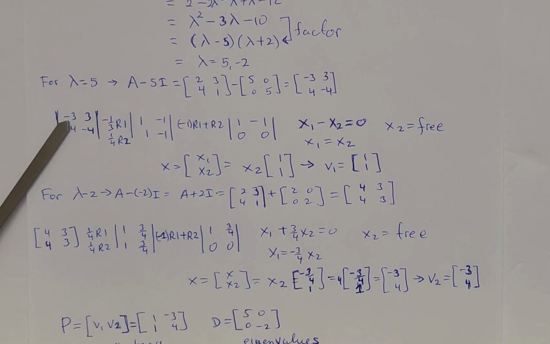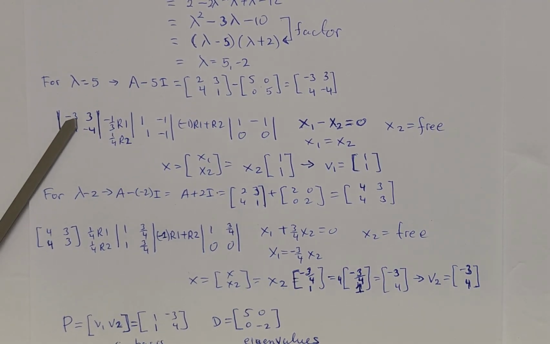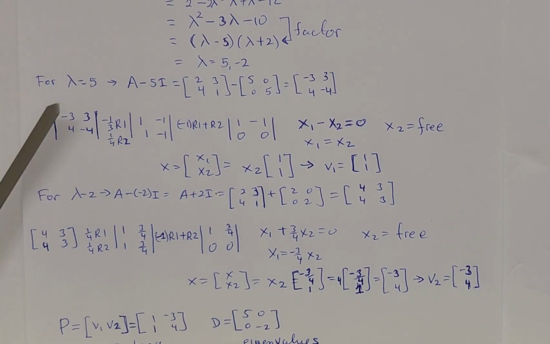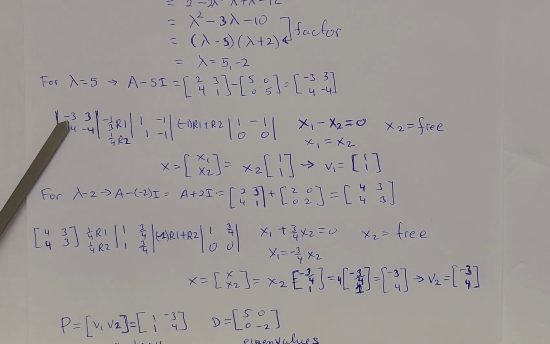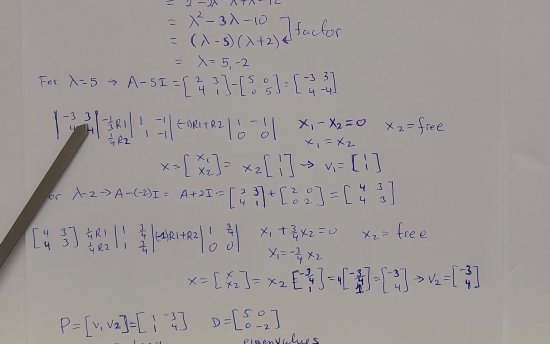So this is negative 3. I need it to be a 1. So multiply by the reciprocal, but put another negative in because I need a positive. So negative 1/3 times negative 3 gives me positive 1. Negative 1/3 times 3 gives me negative 1.